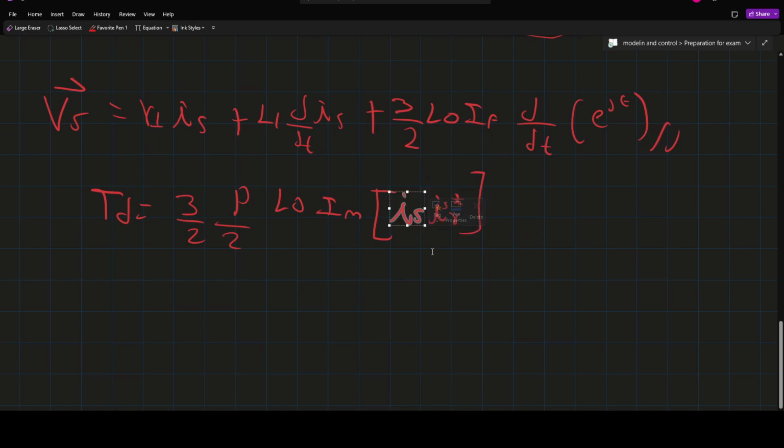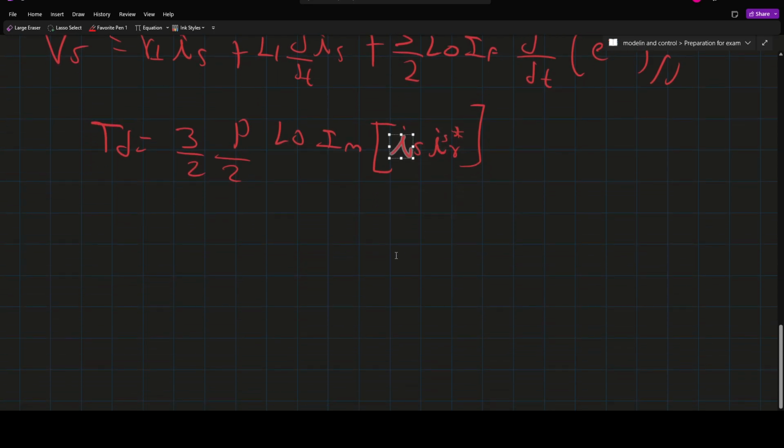Now, we know that ISR doesn't have a beta component, so we're going to get one signal, and it's going to be easier if we have our stator current shown in a rotating reference frame. So when we do our control, we see DC. We have talked about this before.